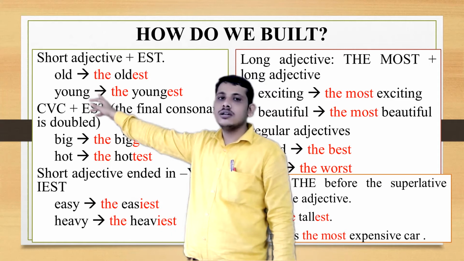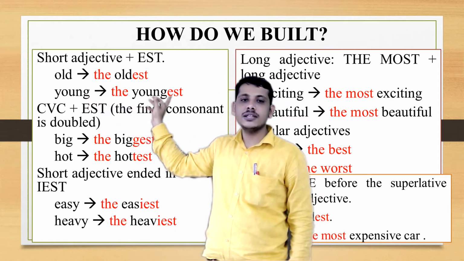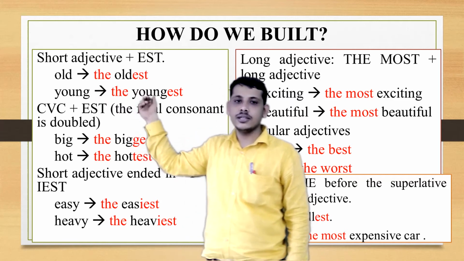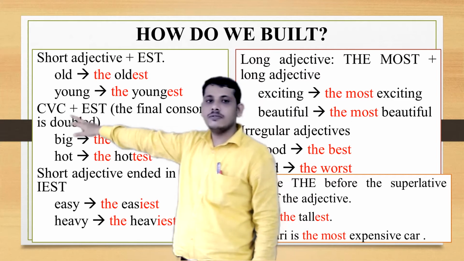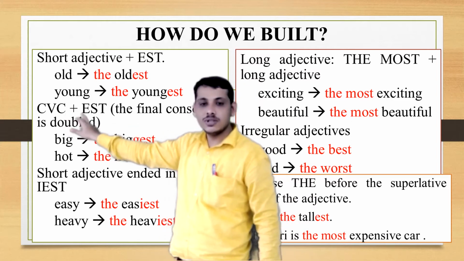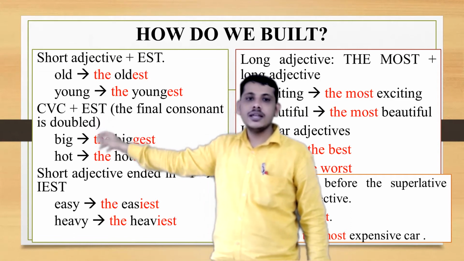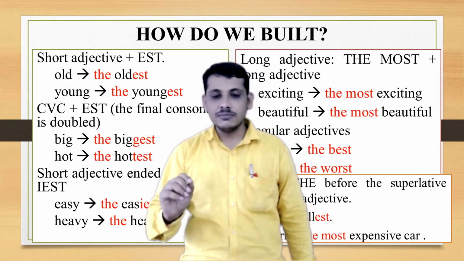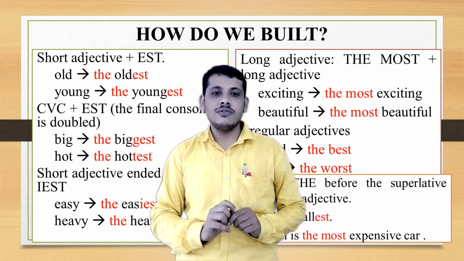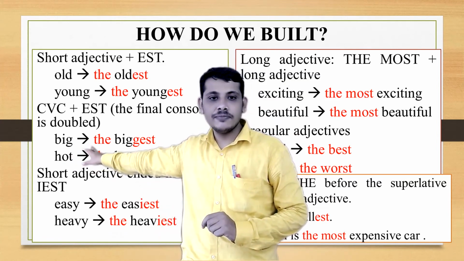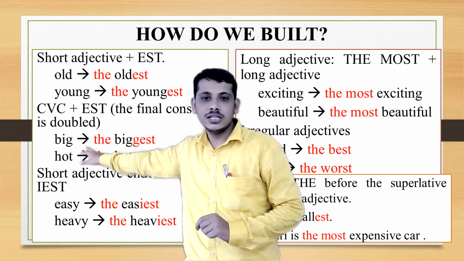Next, we have young. Again, I will write young as it is, and at the end I am writing est: youngest, the youngest. If the word has a structure like CVC, consonant, vowel, consonant, then at the end we have to add est, but again with some change: the final consonant will be doubled. For example, here we have the word big. The first letter B is a consonant, I is a vowel, G is a consonant.